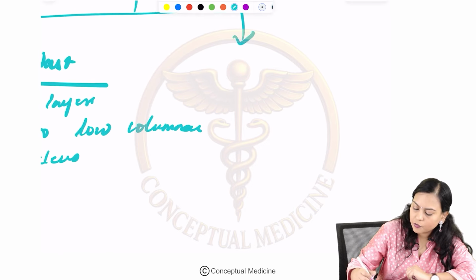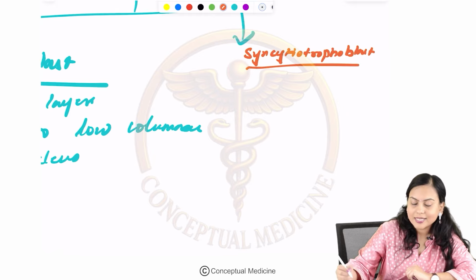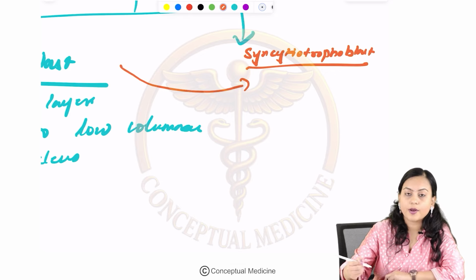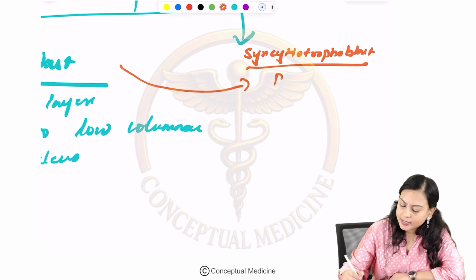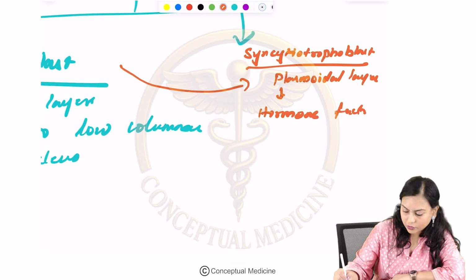And another group of cells is the syncytiotrophoblast cells. Basically, these syncytiotrophoblast cells are derived from the cytotrophoblast cells only, and this layer can also be called as plasmoidal layer. Basically, this is the hormone factory for now.